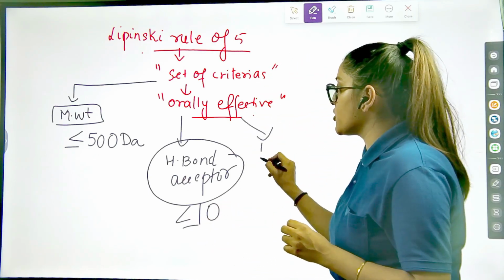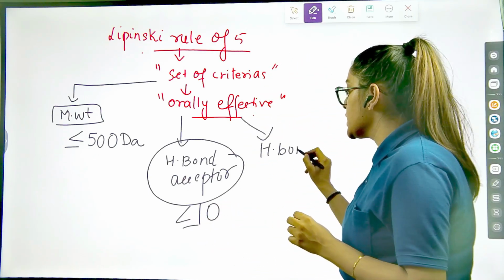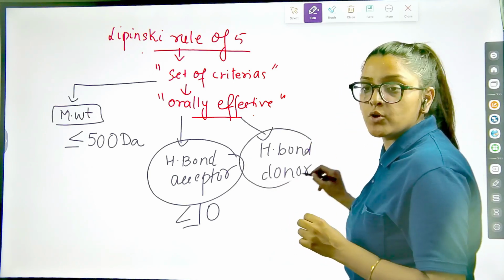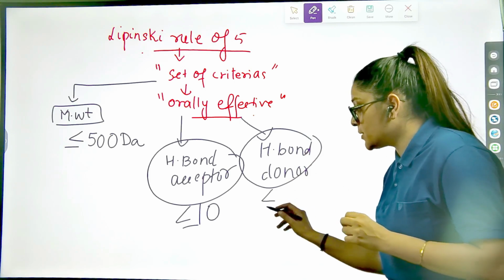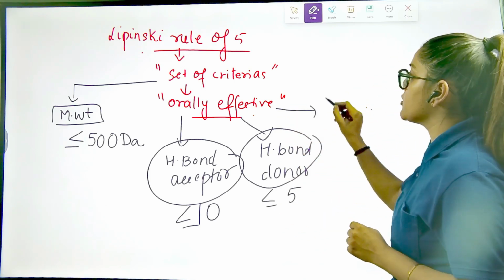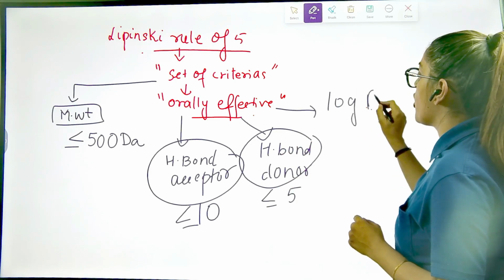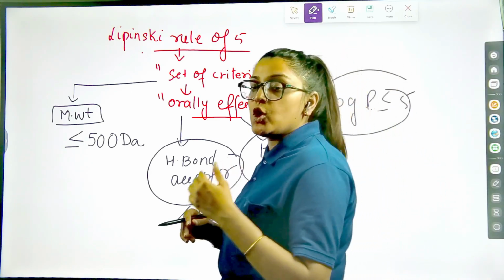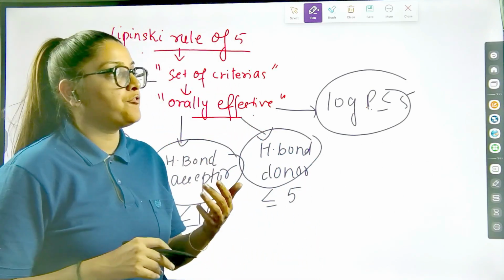Third one is your number of hydrogen bond donors. The number of hydrogen bond donors in the structure must be less than or equal to 5. Last but not the least, we have log P, that also must be less than or equal to 5. Log P will indicate the lipophilicity.